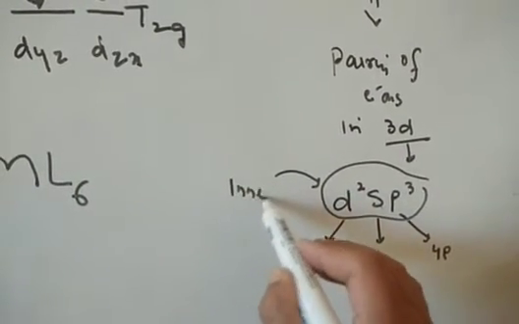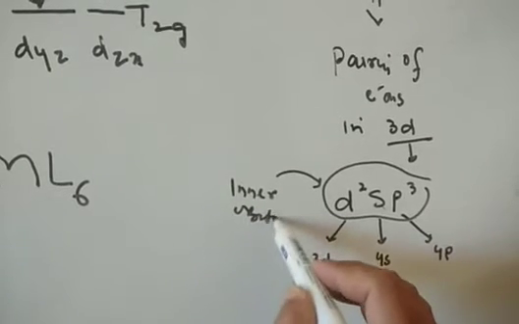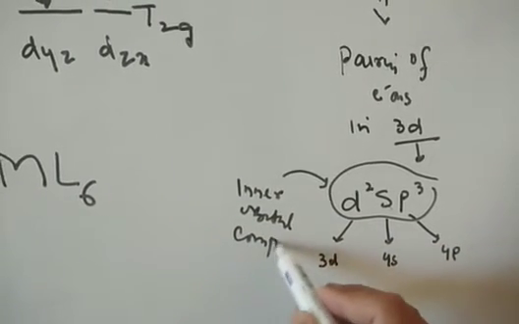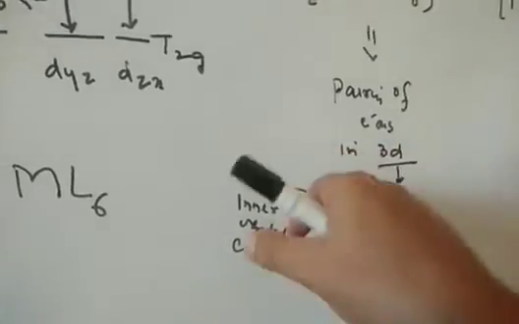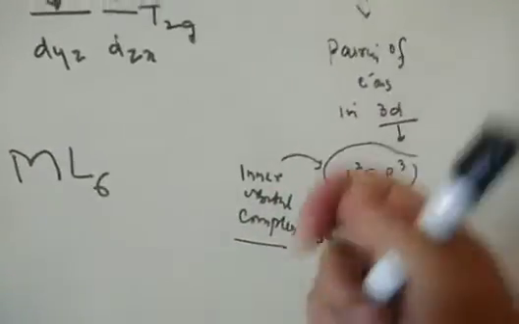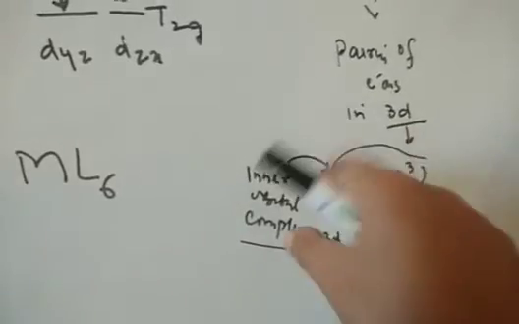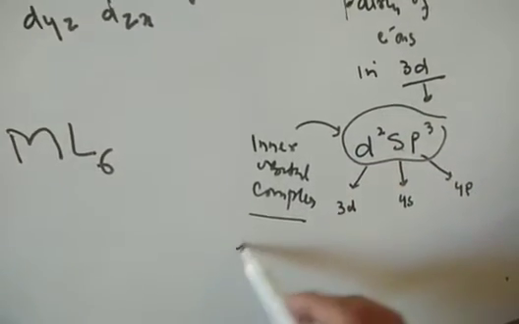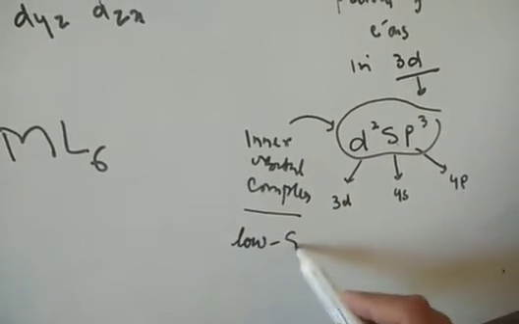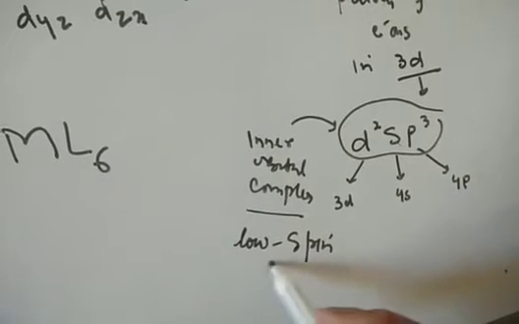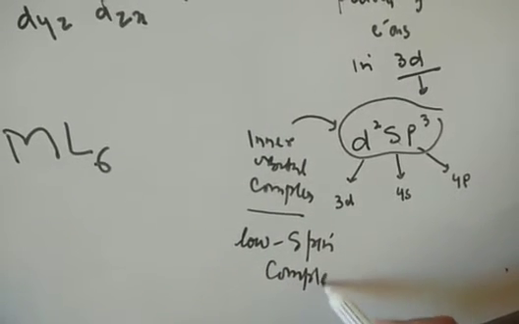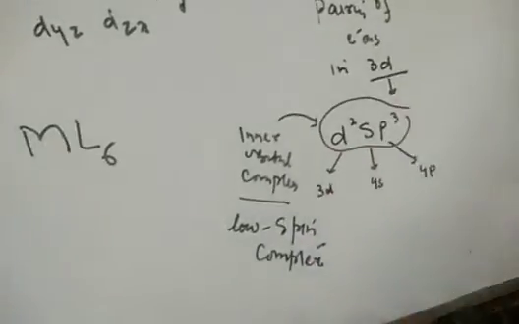Because of electron pairing, the number of unpaired electrons becomes very low, so it becomes a low spin complex. I will not go into details here; I will probably take one class on this next, where we'll explain how this forms a low spin complex. All of this is because of this ligand, which is considered a strong field ligand.